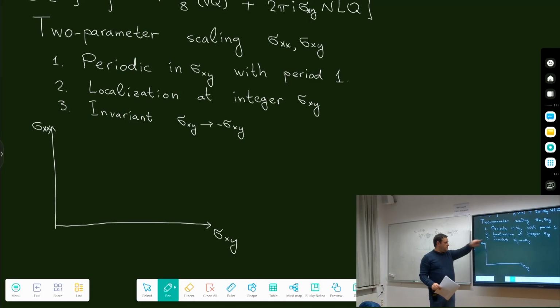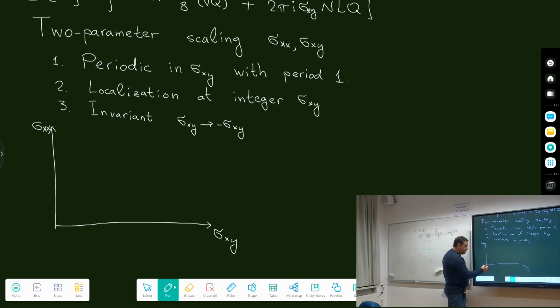And we have a sample with a certain value of sigma xx and sigma xy, so there is some point in this plane. Then we start increasing the size of the sample, and according to the scaling hypothesis or to the renormalization of the sigma model, both parameters somehow change. So there is a flow, there are some trajectories on this plane, showing how they change.